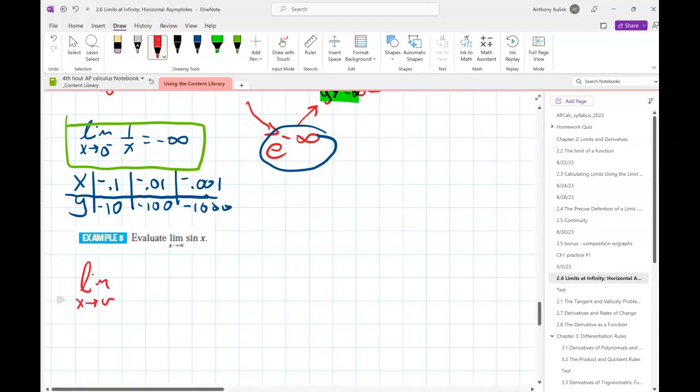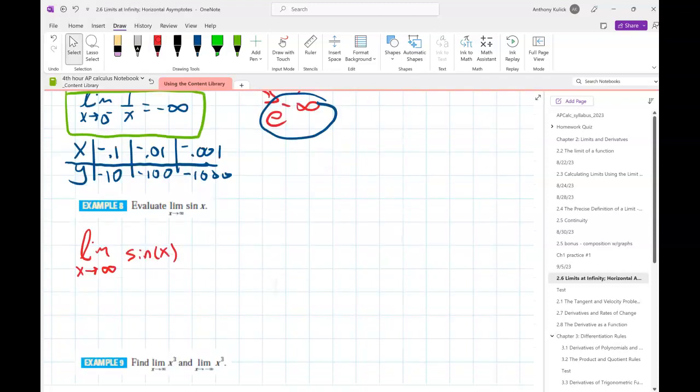Mr. Kulik, what do I do with this thing? What do we think? Can I do a direct substitution on this? No, because what do I do with sine of infinity? You just have to make a table. Okay, let's try making a table.